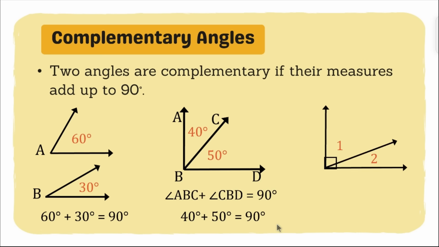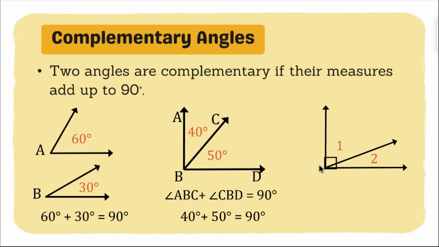Okay? One more example. Itong example natin dito, as you can see, we can actually use numbers to name an angle. So this angle is angle 1 and this angle is angle 2. Okay. Now, walang nakasulat dito na measurement. Paano natin malalaman na itong dalawang to ay complementary angles? Meron tayong tinatawag na clue. Ito na po yung box dito.